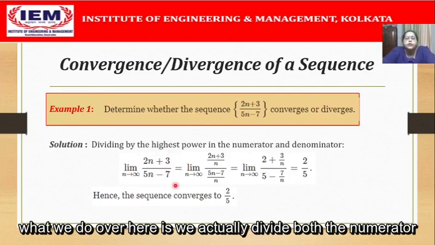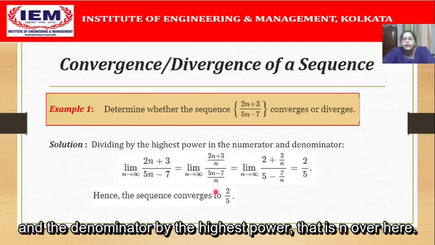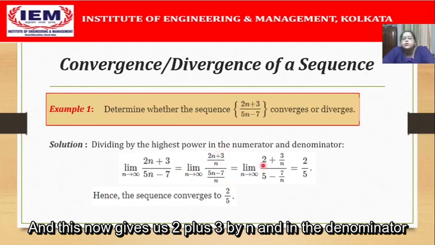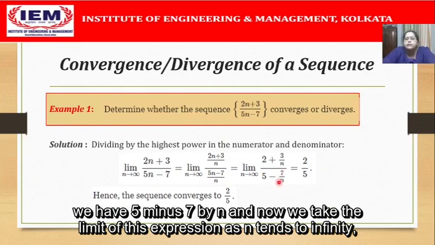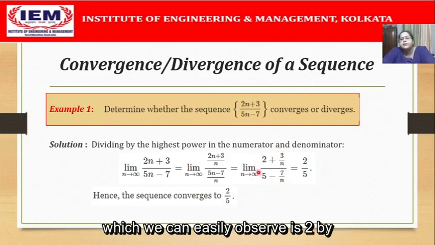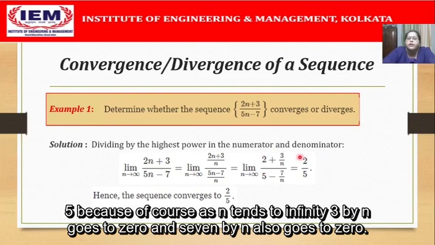What we do here is divide both the numerator and the denominator by the highest power, that is n, and this gives us (2 + 3/n) in the numerator and (5 - 7/n) in the denominator. Now we take the limit as n tends to infinity, which we can easily observe is 2/5, because as n tends to infinity, 3/n goes to 0 and 7/n also goes to 0.